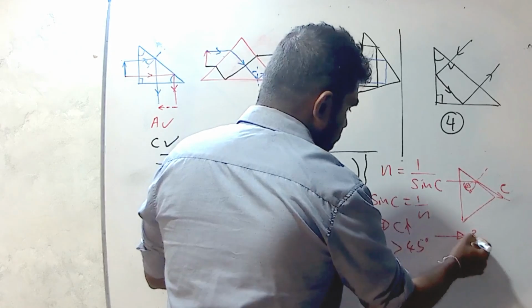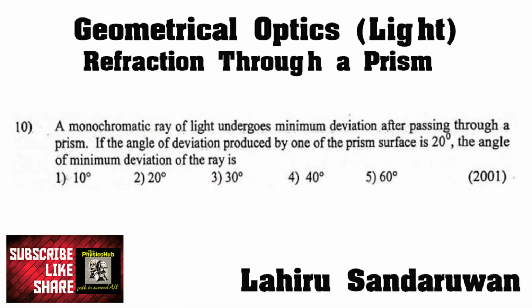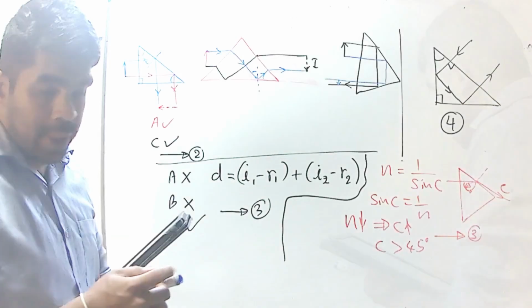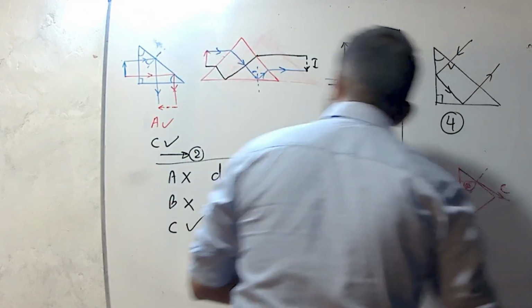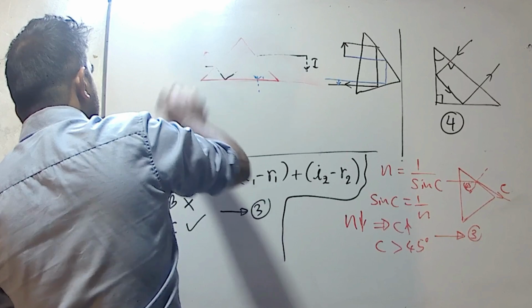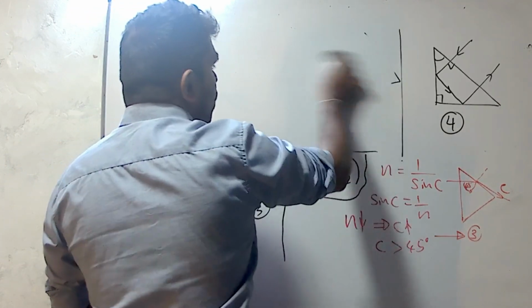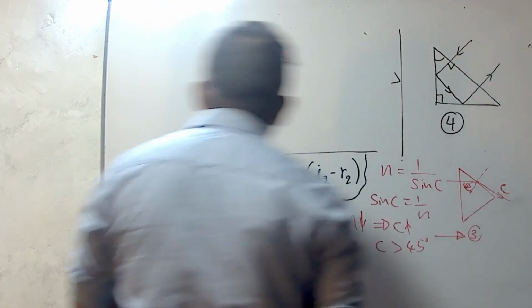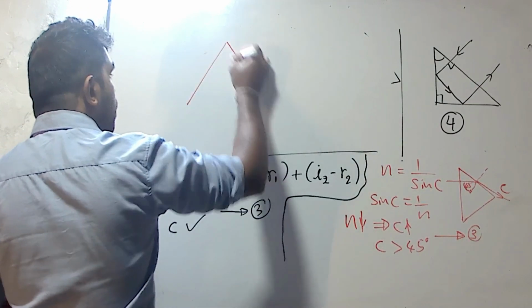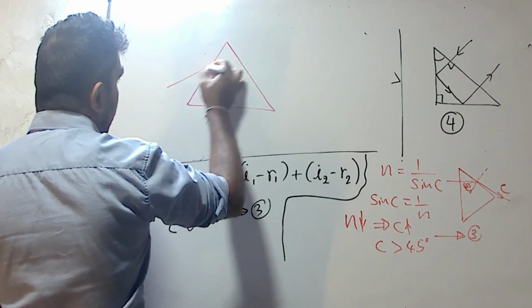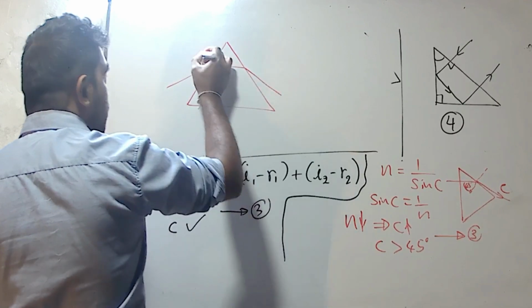Answer is 3. A monochromatic ray of light undergoes minimum deviation after passing through a prism. If the angle of deviation produced by one of the prism surfaces is 20 degrees, what is the angle of minimum deviation of the ray? For the minimum deviation, the deviation of the first surface is equal to the deviation of the second surface, because for the minimum deviation, the ray is passing symmetrically through the prism.